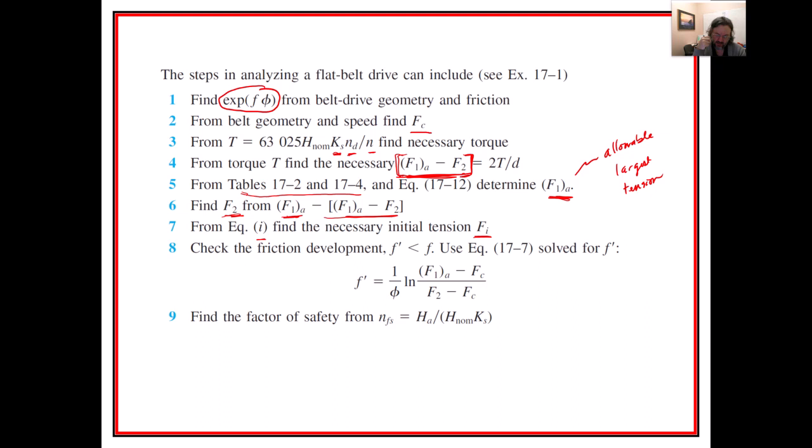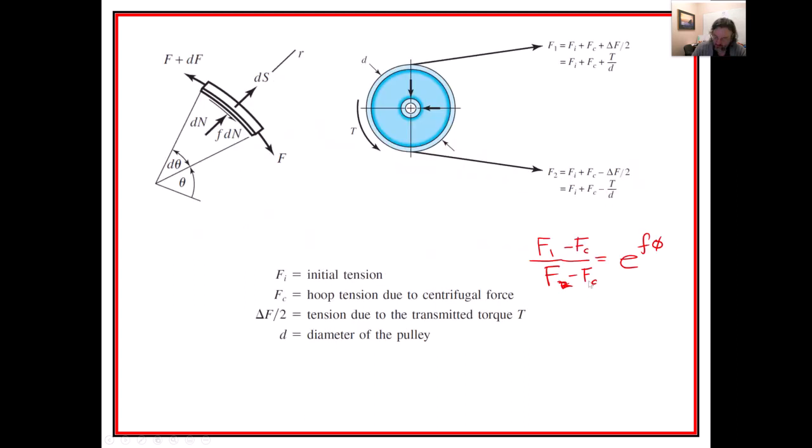to be. So they need to tension the thing up. And then we're able to check what the friction would be. This is the developed coefficient of friction. We want to make sure that we have a larger actual developed coefficient of friction compared to this right here. By the way, if you take a look at this, it's actually just working backwards through this right there.